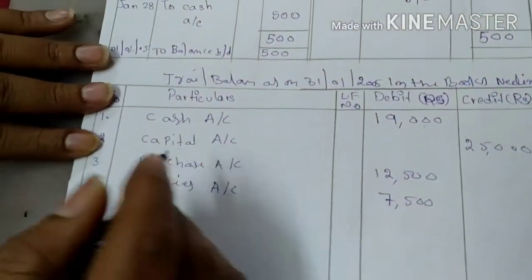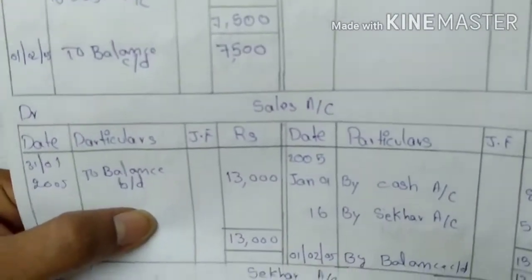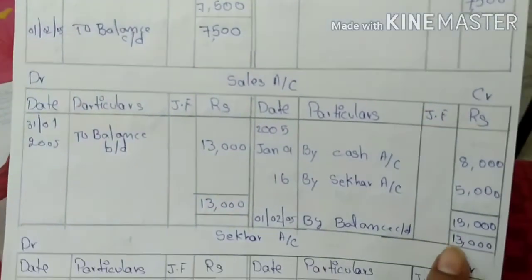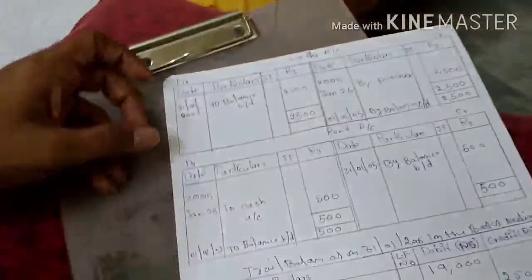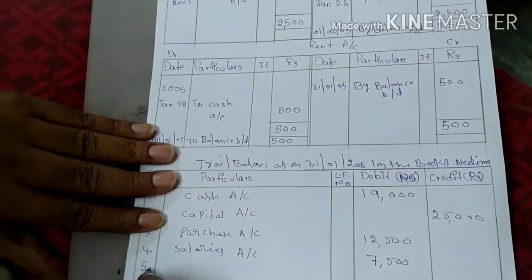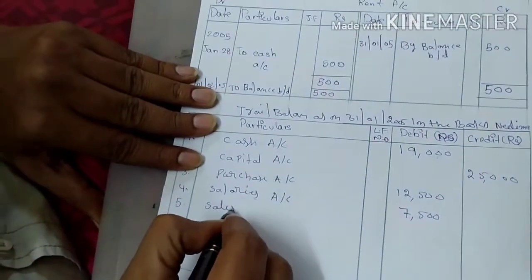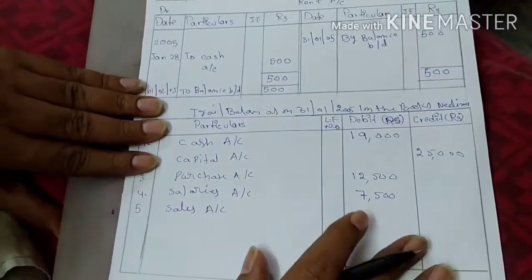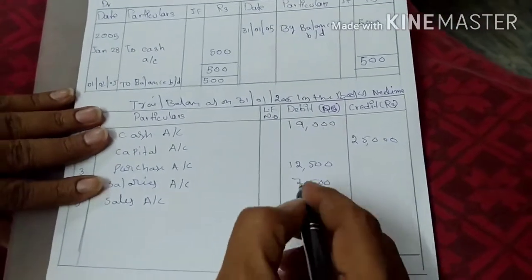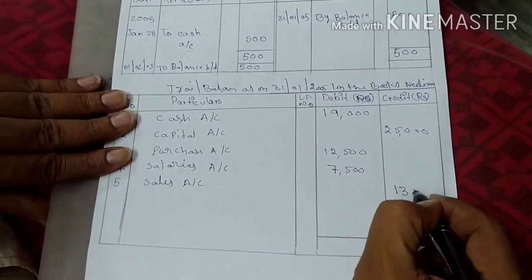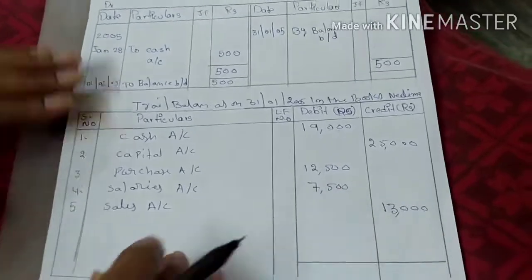Next, after the salaries account, the sales account is there, that is credit side 13,000. So here the fifth one, sales account, credit side 13,000 rupees.